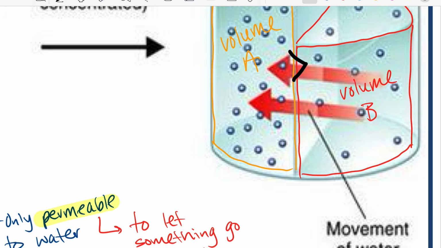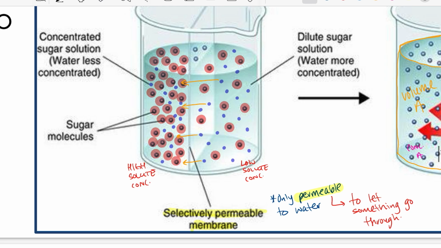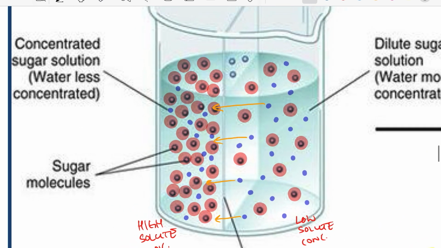Okay, so now concentration A is going to be equal to concentration B. These are going to be equal. Okay, now if we look over here, here's side A, the orange side we're making it.